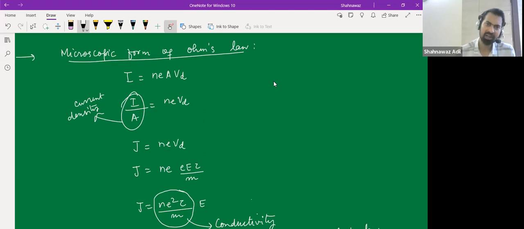This part is only derivation, and there are not a lot of questions based on this, because all the questions are from the combination of resistances, the cell EMF, combination of cells, and temperature dependence. If you guys have any doubt, you ask. Whenever you need me to scroll down the screen, tell me that.